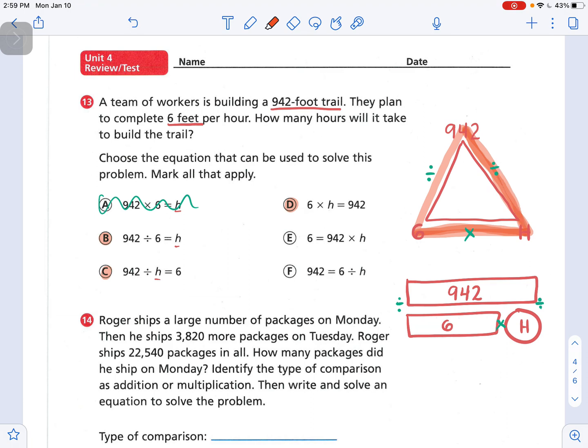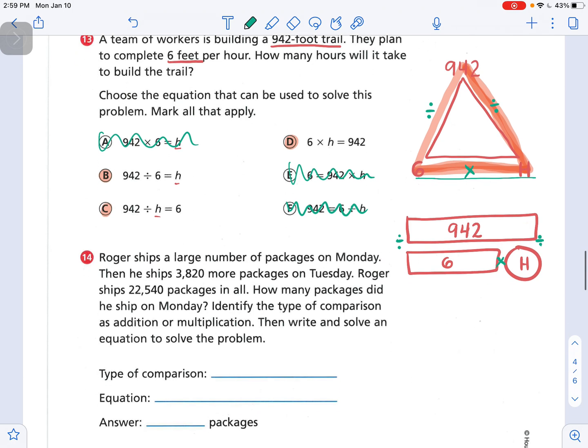Nope, I had divided by H, so I'm going to cross that off. 6 divided by H equals 942. I would have to do 6 times H equals 942. So the answers are B, C, and D.